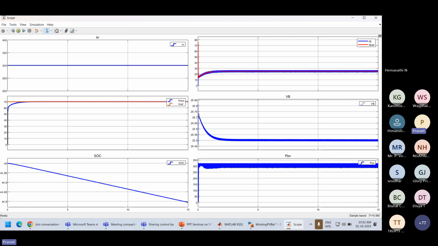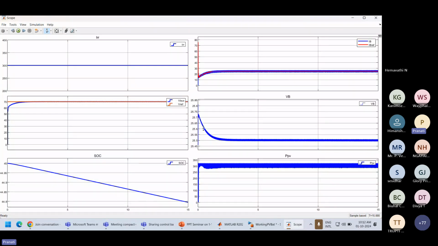The irradiance is not sufficient to provide the load demand, therefore the battery discharges. So the voltage goes on decreasing. When it was 1000 watt per meter square, you had seen that the battery voltage was increasing because the battery was charging. Now at 300 watt per meter square, the battery voltage is decreasing.